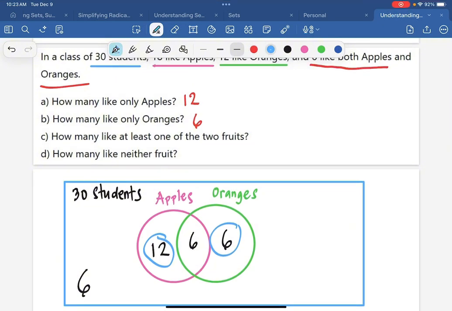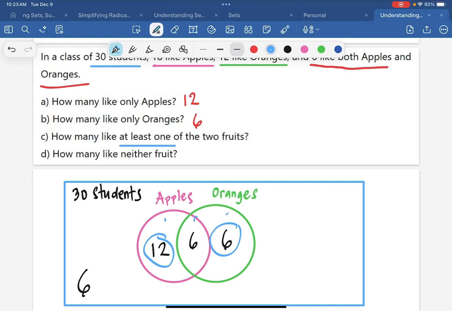And this time we have this question: how many like at least one of the 2 fruits? So imagine here, you get to have at least 1 from apples, 1 from both, and 1 from oranges. So that means we're talking about the union here, or every element that is being combined or counted all together.